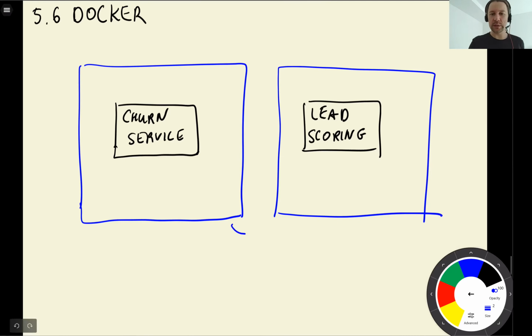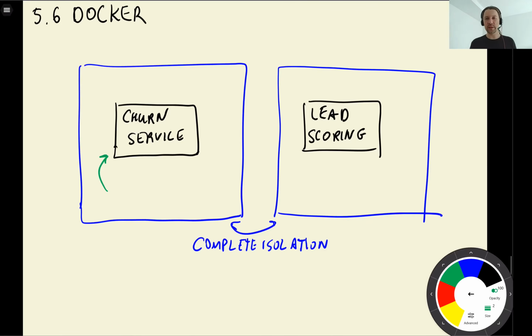So they will live in complete isolation. From the point of view of our churn service, it will think that it's the only thing that is running on this computer. So this is like a special box where we put our service and it only uses the things it needs, and there is nothing else running that is not needed for this particular service.